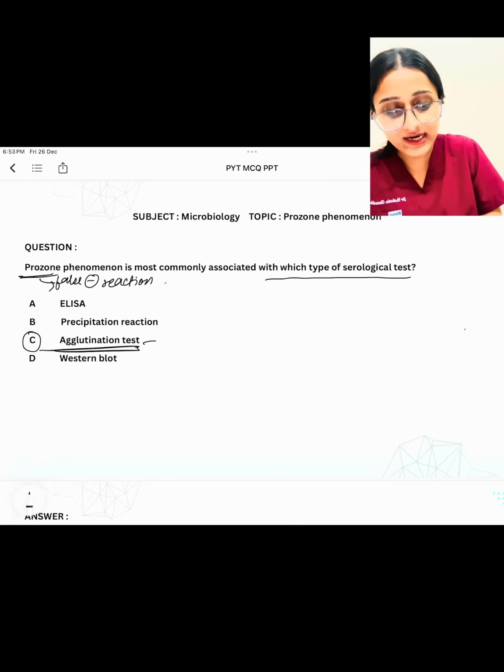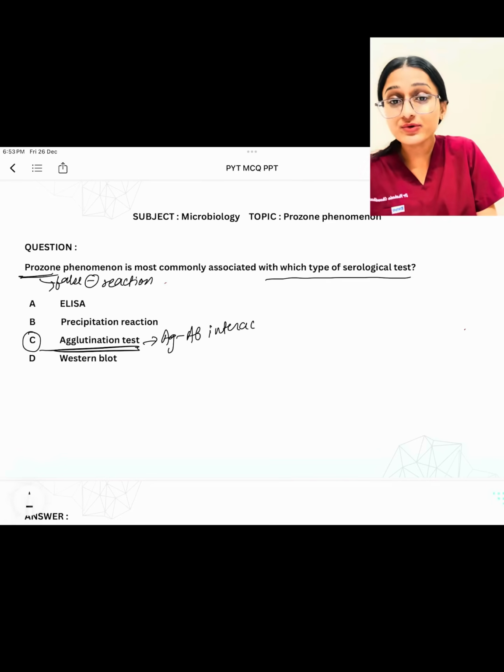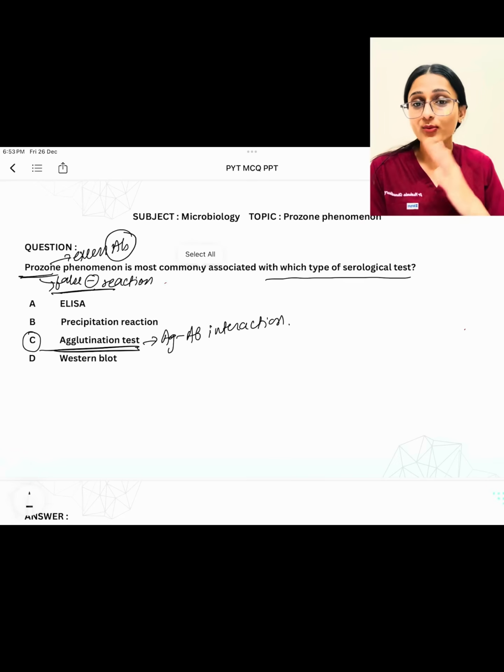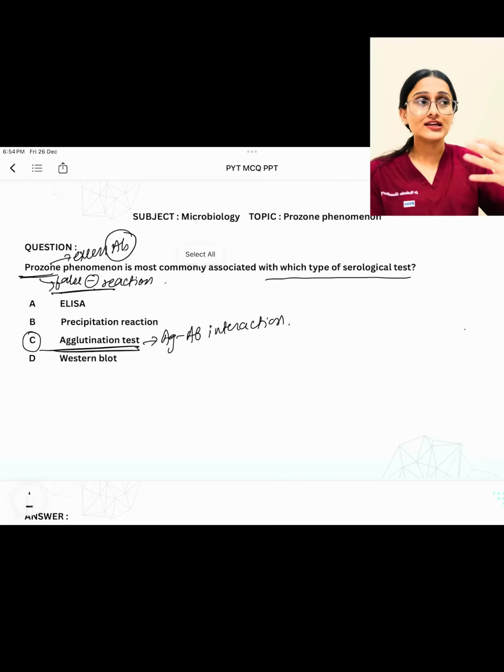Agglutination means we check antigen and antibody interaction, right? So what happens in the prozone phenomenon? There are excess antibodies. That means there is no proper antigen and antibody interaction, and no proper lattice formation, which they call the lattice theory.